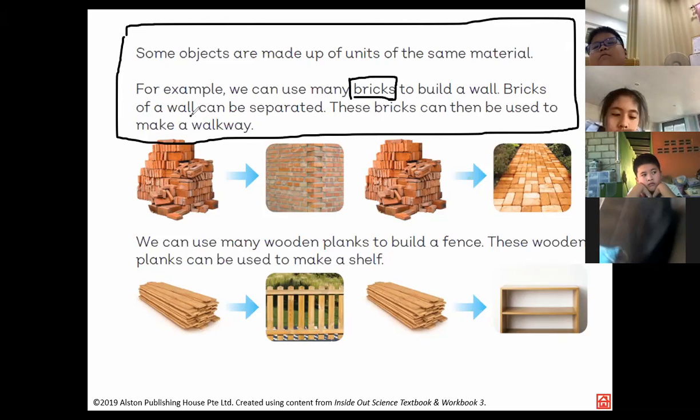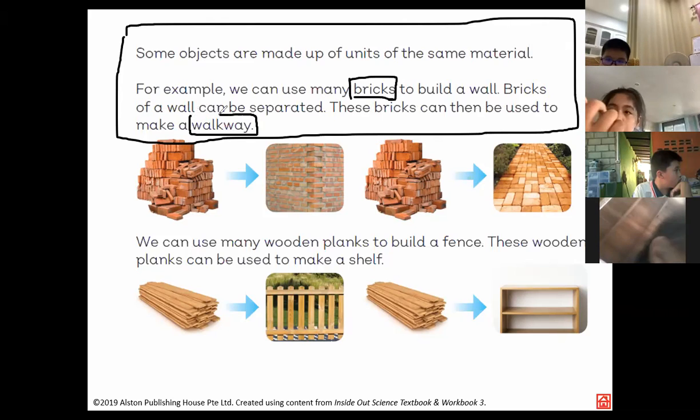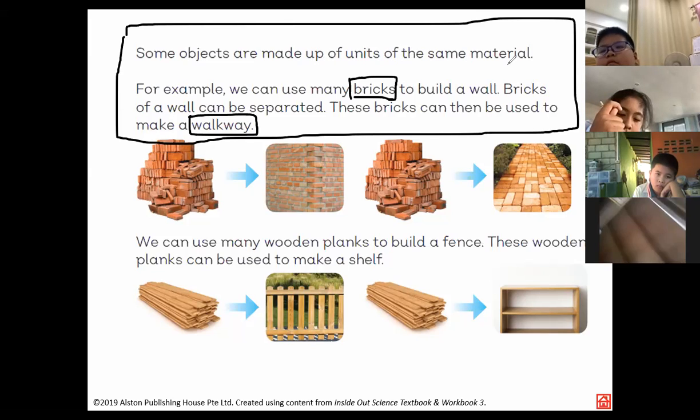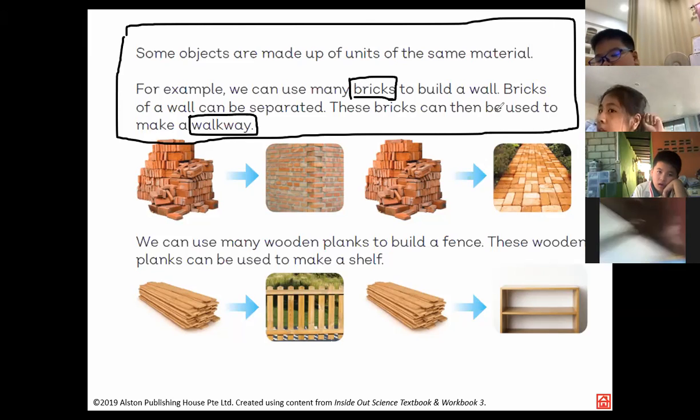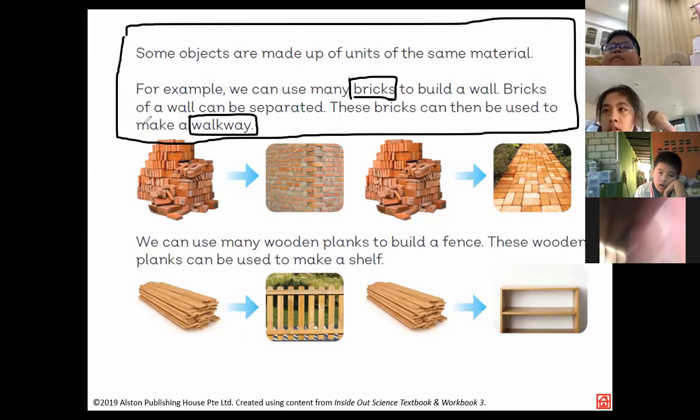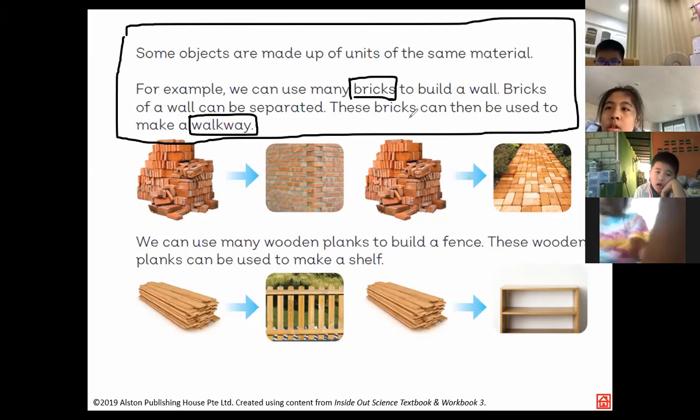So class, I'm going to read one more time, okay? Some objects are made up of units of the same material. So for example, we can use many bricks to build a wall. Bricks of a wall can be separated. These bricks can then be used to make a walkway.